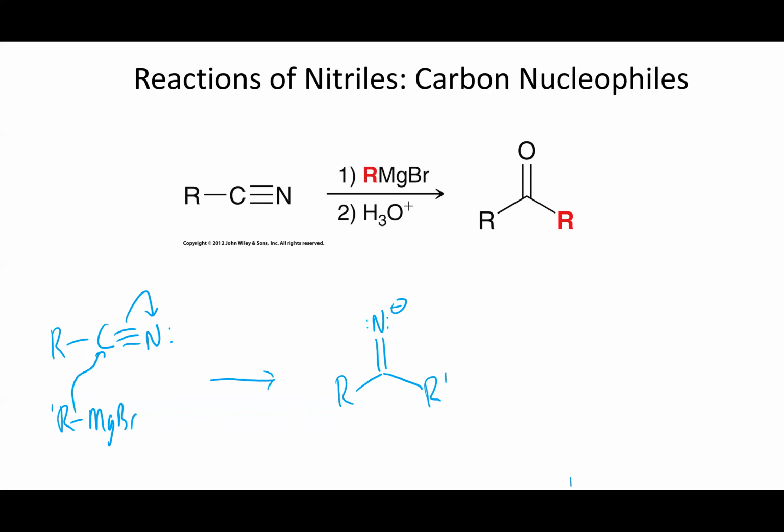So why can't a second equivalent of the Grignard add to that? What would the resultant species look like? If we were going to do a second step that looked similar to this first step, that nucleophile would have to come in, and the pair of electrons from the carbon-nitrogen pi bond would end up going on the nitrogen, and we'd have to generate a -2 charge on the nitrogen. So that's really unlikely to happen. So it stops after this first addition.